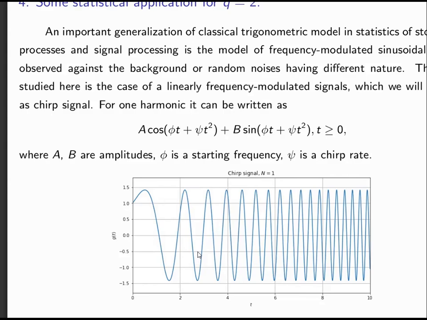The most studied here is the case of linearly frequency modulated signals, which we will refer to as chirp signal. For one harmonic, it can be written as in formula 37, where A and B are amplitudes, phi is a starting frequency, and psi is a chirp rate.